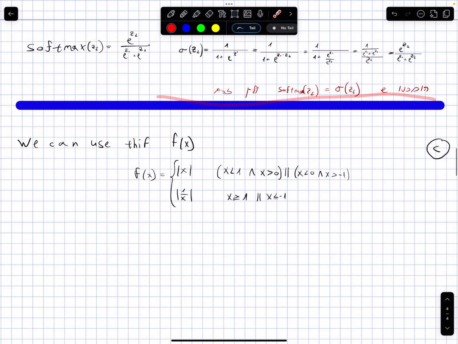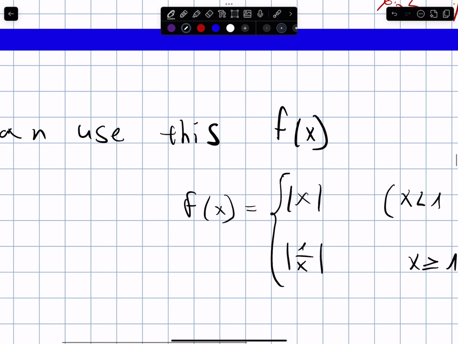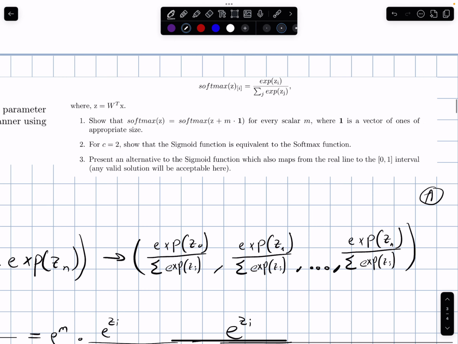So now for C, we can use this f of x. They ask us in C, just to be sure, to present an alternative to the sigmoid function, which also maps from the real line to the 0 to 1 interval.